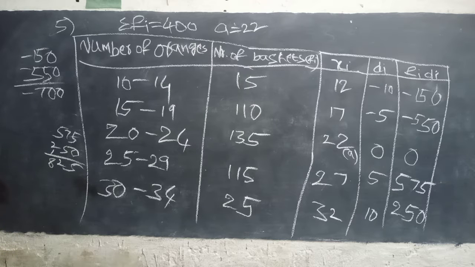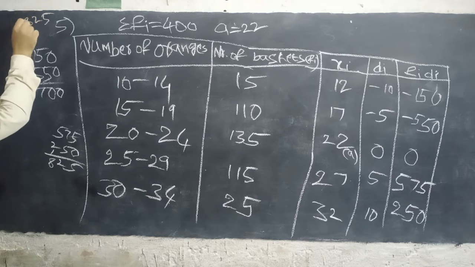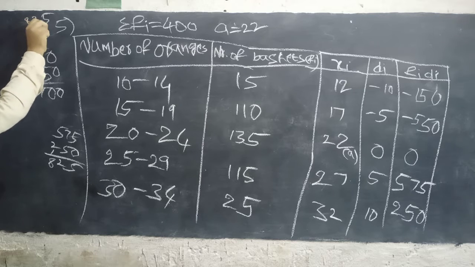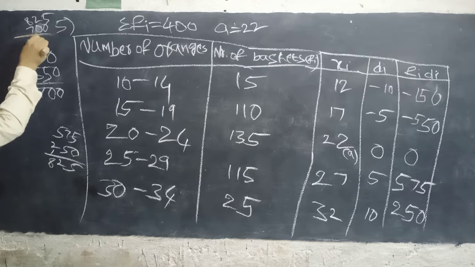Now 825 minus 700. What do you get? 125.